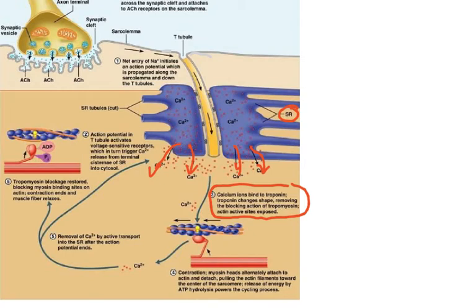Then number 5, removal of calcium by active transport back into the sarcoplasmic reticulum after the action potential ends. Number 6, tropomyosin blockage is restored, blocking myosin binding sites on actin, contraction ends and the muscle fiber relaxes. So this is how we have to understand how muscles contract and relax.